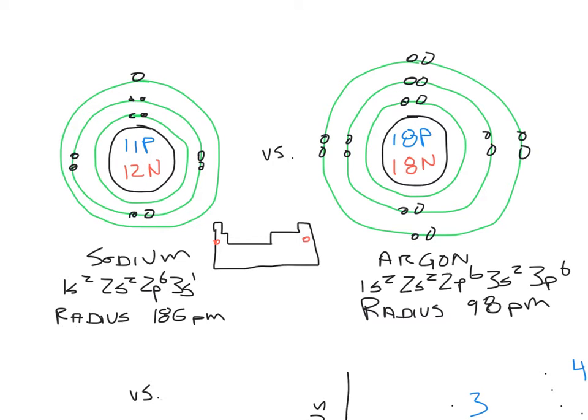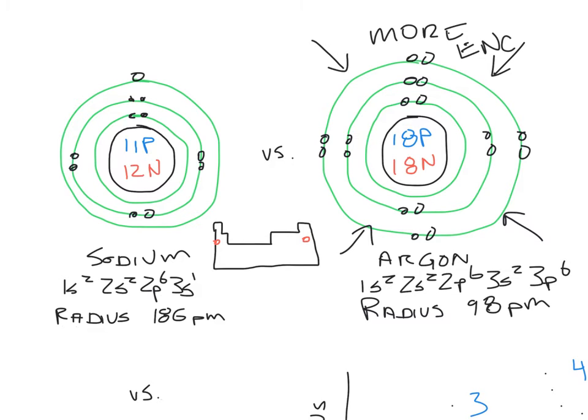And that's because it has a much higher effective nuclear charge, drawing these electrons in. And I won't completely re-go over why it has a higher effective nuclear charge. That's what the previous video was for.